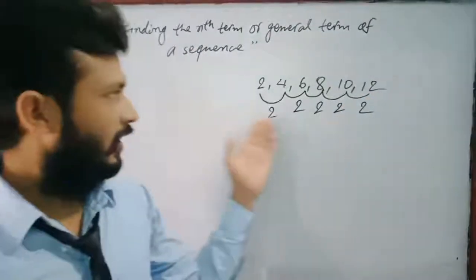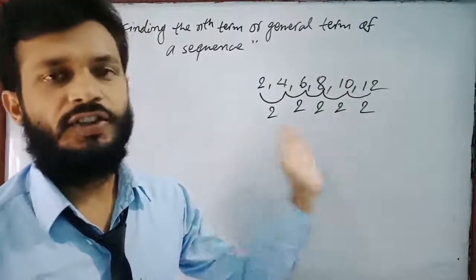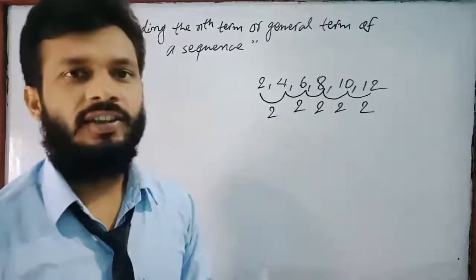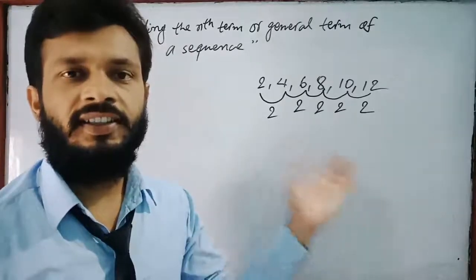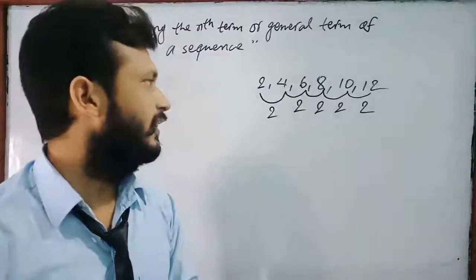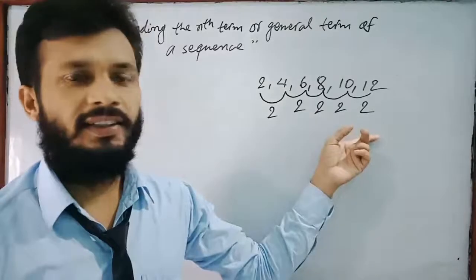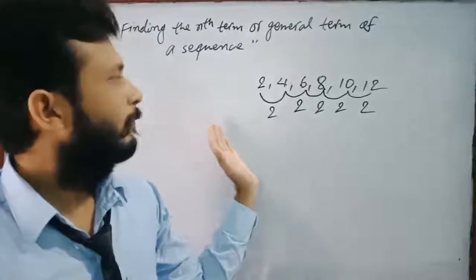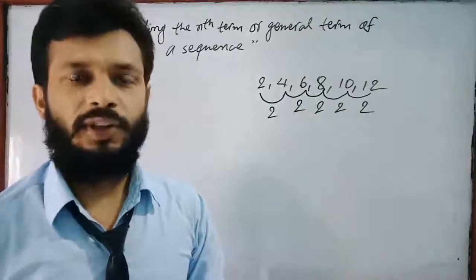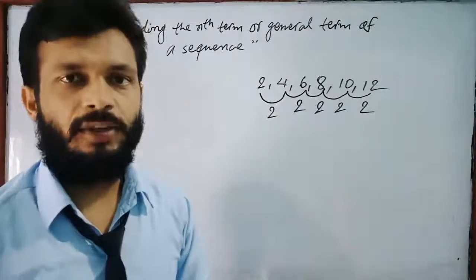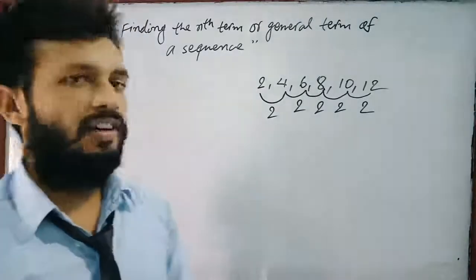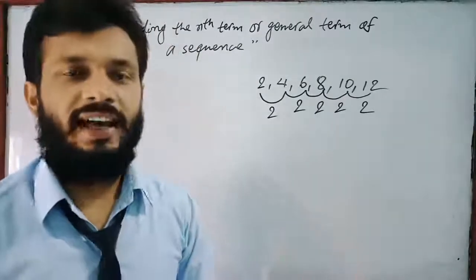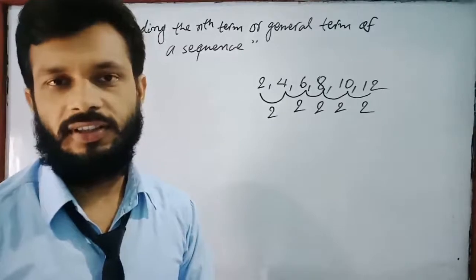In this sequence, each term increases by 2. Understood? So this type of sequence is called a linear sequence, or it is also called an arithmetic sequence.